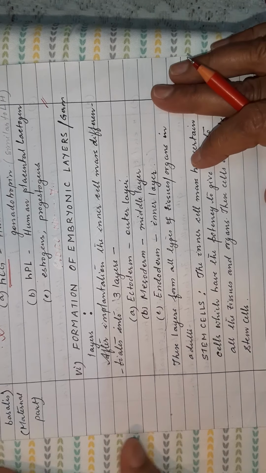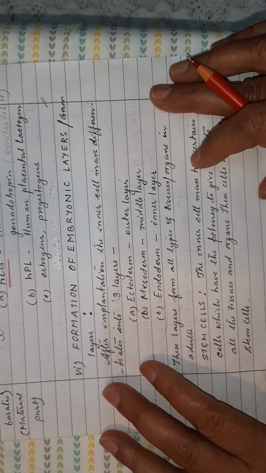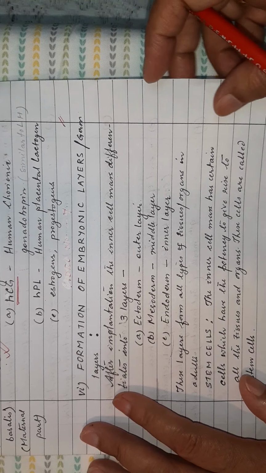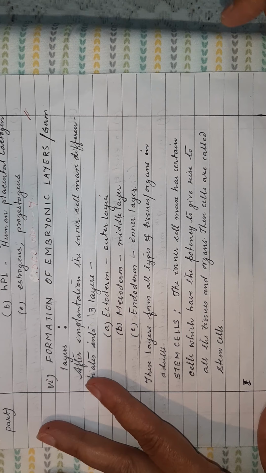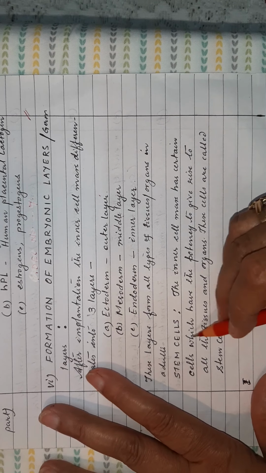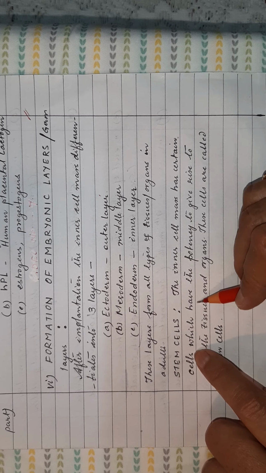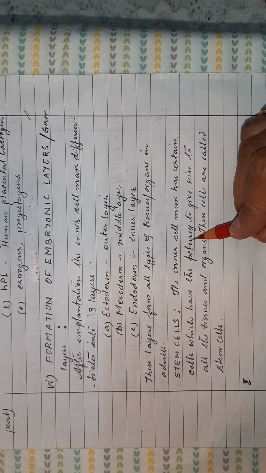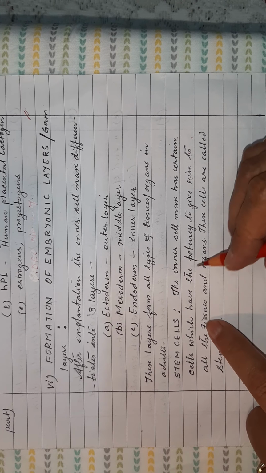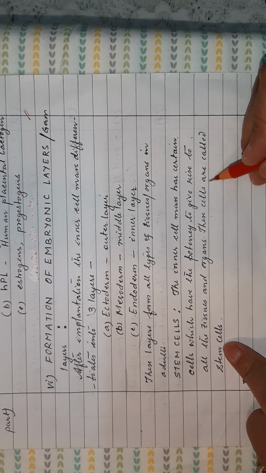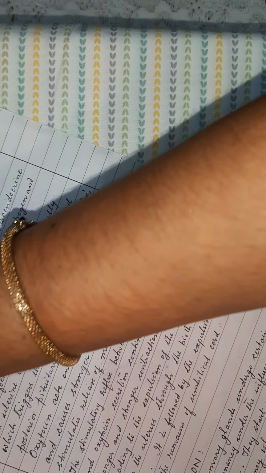You must have heard about stem cell research, and nowadays many celebrities have stored the stem cells of their babies. So the inner cell mass has certain cells which have the potency, that is the capacity, to give rise to all the tissues and organs. These cells are called stem cells.